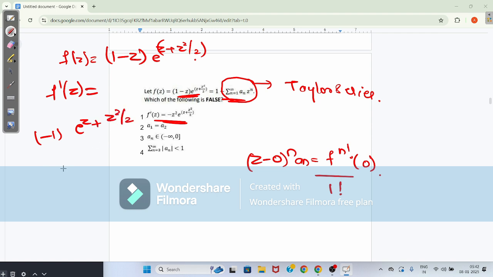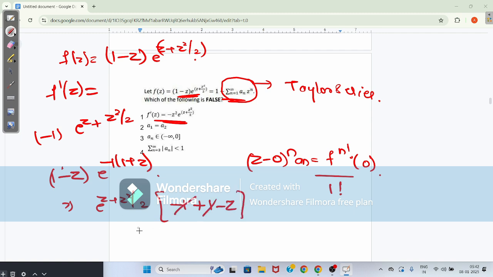So this value can be written as (1 minus z) into e power (z plus z square by 2) into (minus 1 plus 1 minus z). So these two values get cancelled out. So what will we get here? Minus z into e power (z plus z square by 2) here. So this is the required answer that we get.